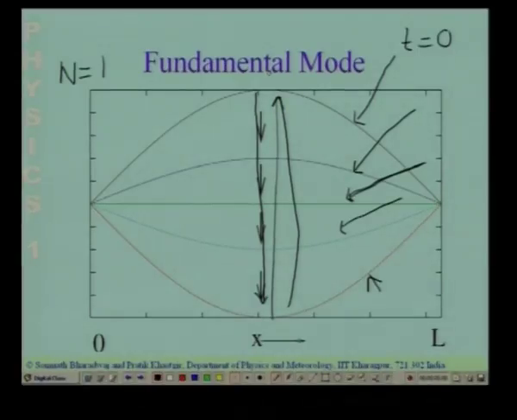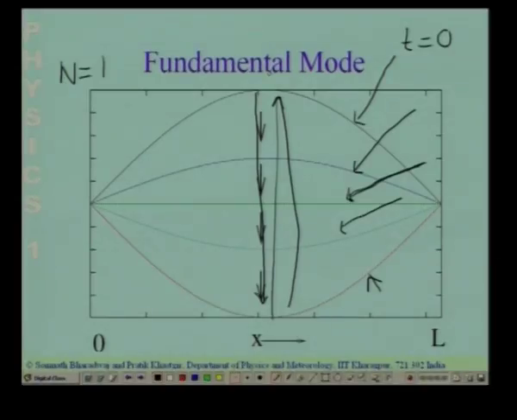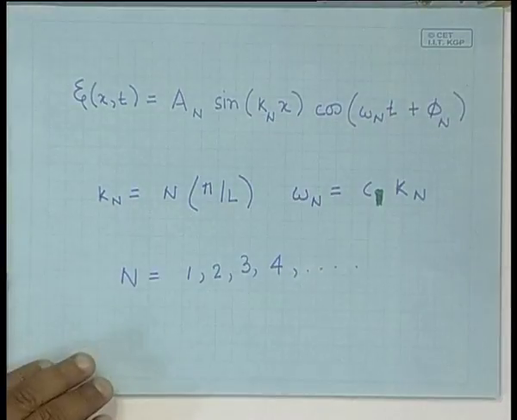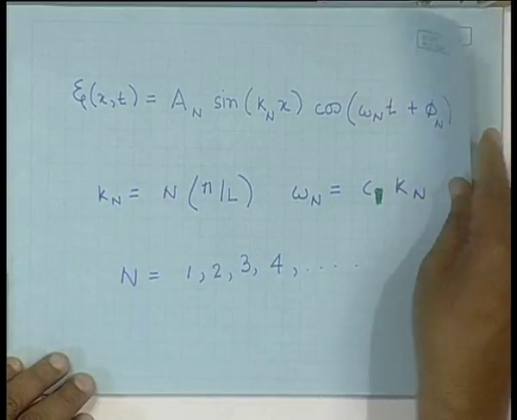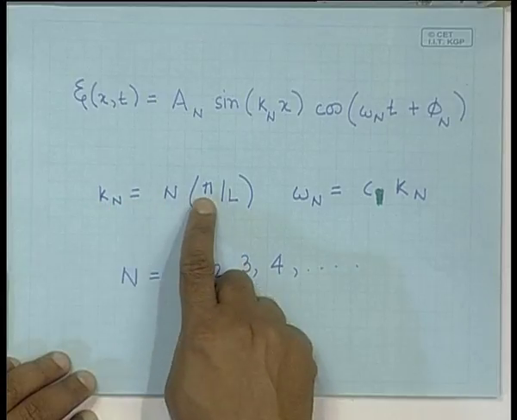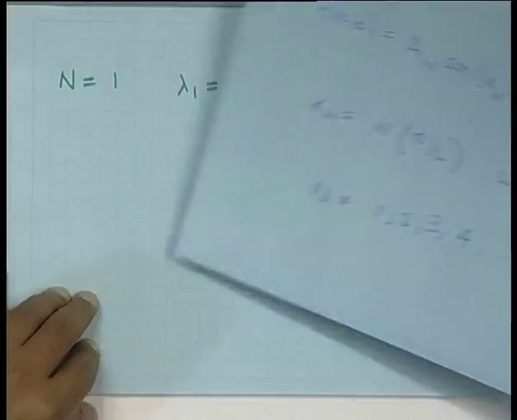Let us now consider the solution when n is equal to 2. So, this is the expression for the disturbance in a general situation. So, when n is equal to 2, k 2 will become 2 pi by L, omega will become c times that. So, let me write down the solution.